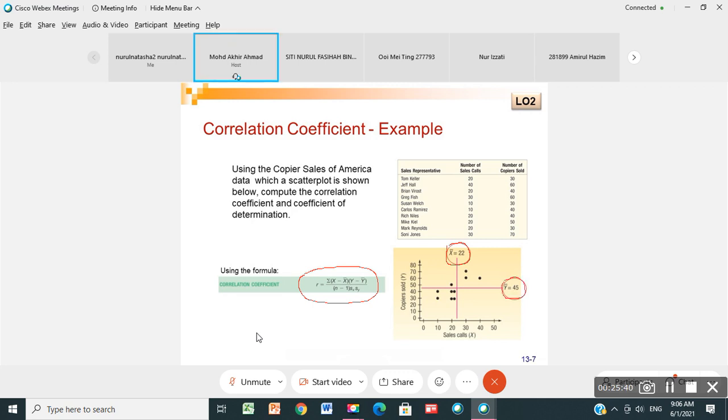Boleh saya minta seorang Ifang ini? Ya, Doktor. Ifang ini, you ada calculator tak? Ada. Cuba try this group. Dulu cari dia punya mean, X bar and standard deviation.